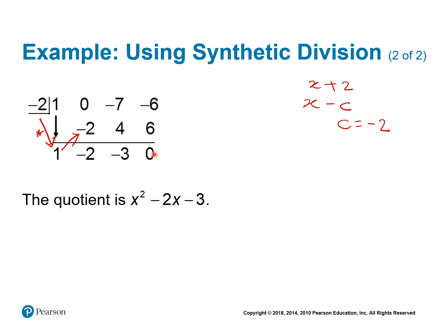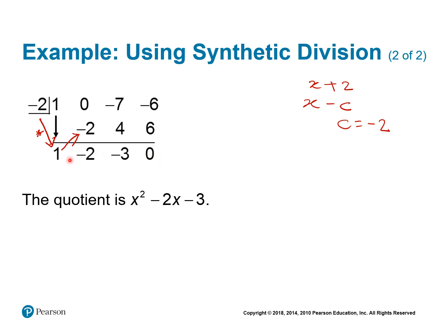All that is left is to identify from the numbers below the line which is the remainder and which are the coefficients of the terms of the quotient. All right, again, the last term is always the remainder. So here the remainder is 0. There's no remainder.